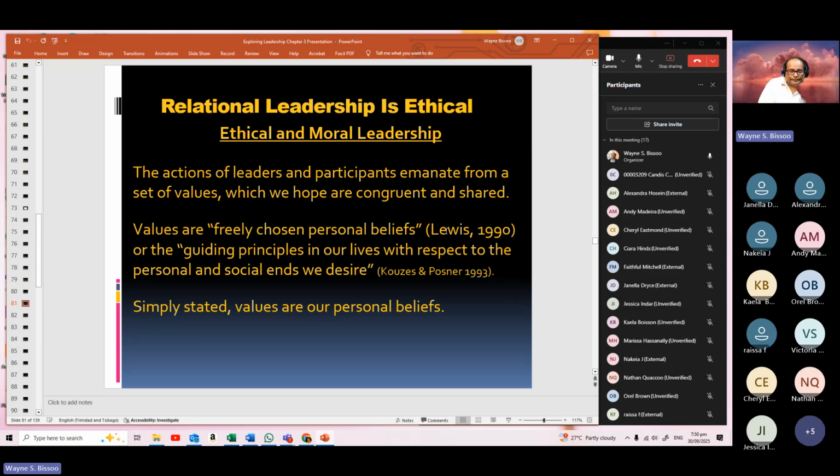All right. So this part of the model is where the rubber meets the road, because it is the part of the model that places the responsibility clearly on the leaders to be ethical and moral in their behavior. And this starts from you understanding what your own personal beliefs are.